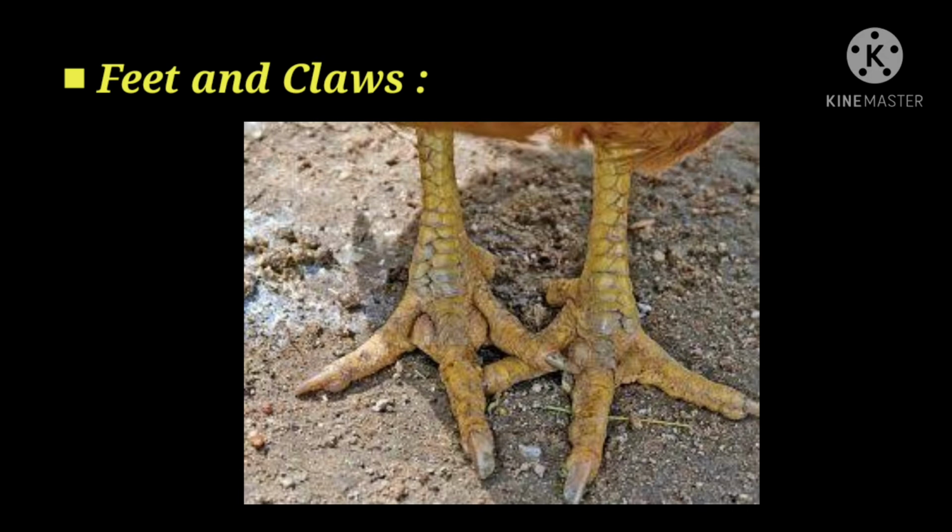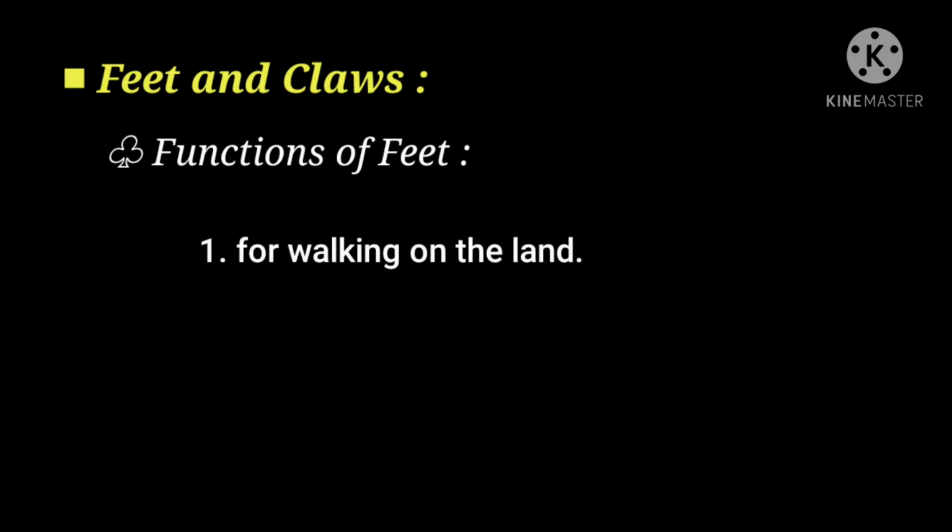But the two hind limbs act as legs to move from one place to another on the land. So the two legs present in birds perform different functions. They not only help them to walk but also perform some other functions.